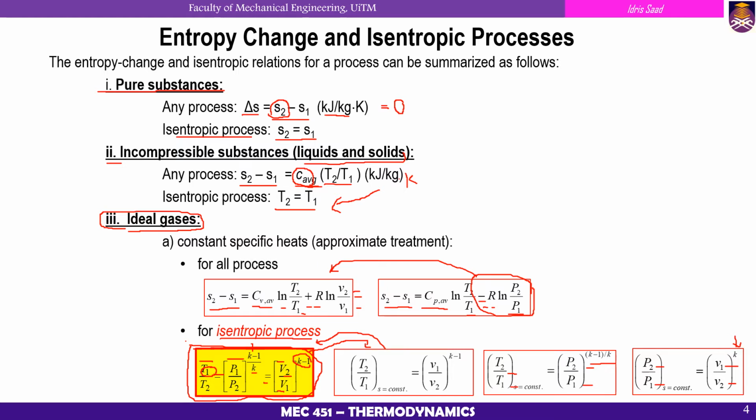Note that K is the specific heat ratio, calculated as Cp over Cv.